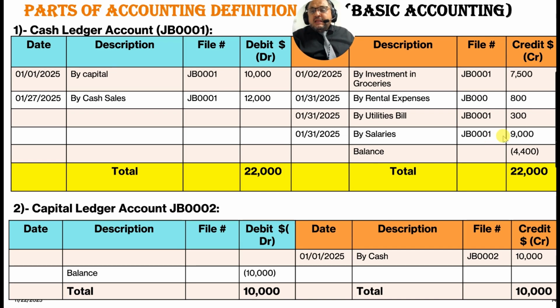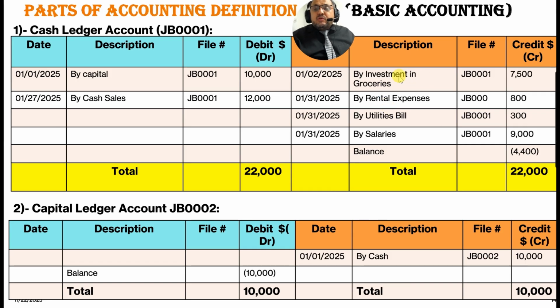That's why we wrote an entry for all of these: purchase of groceries, paying rental expenses, paying utility bills, paying salaries. We paid $9,000 for salaries, $300 cash for utilities, $800 cash for the rental expenses, and $7,500 cash for the groceries. That's why cash decreased, and we wrote it in here on the debit column.